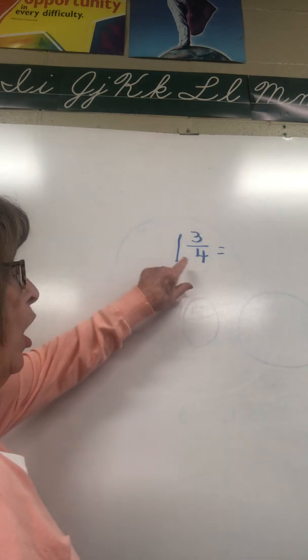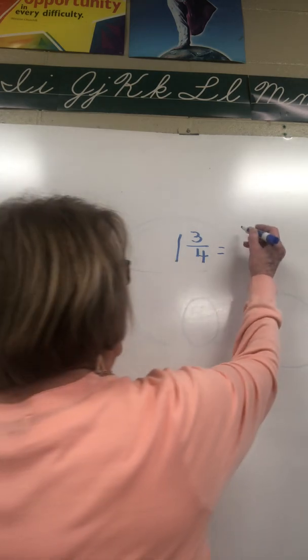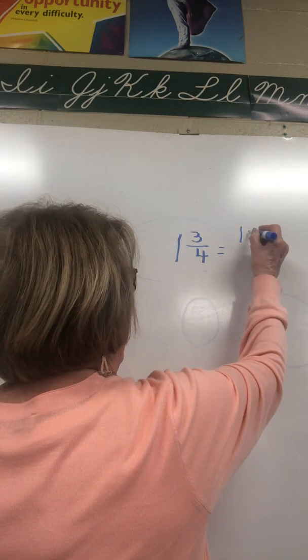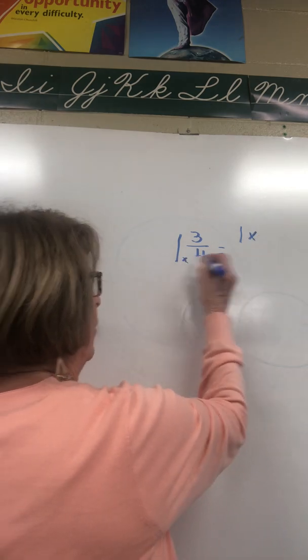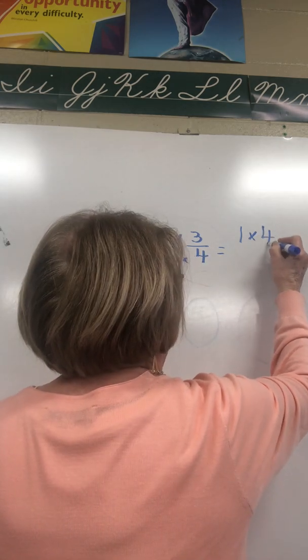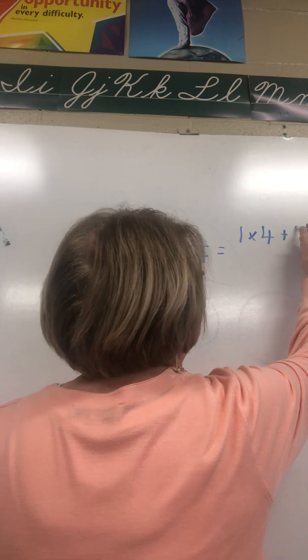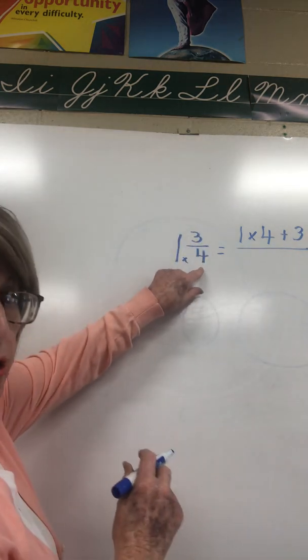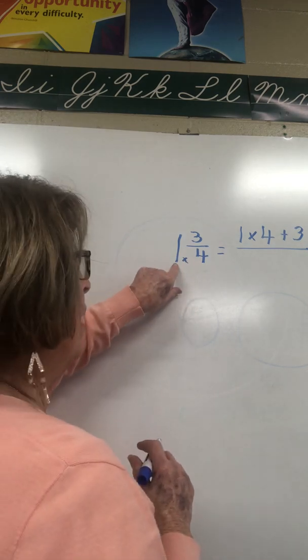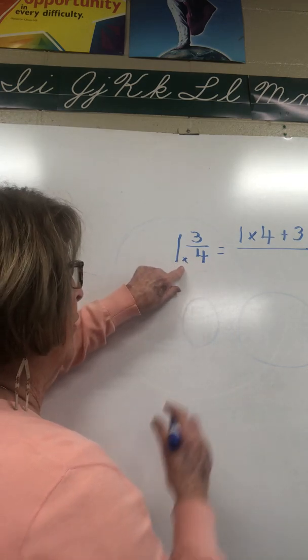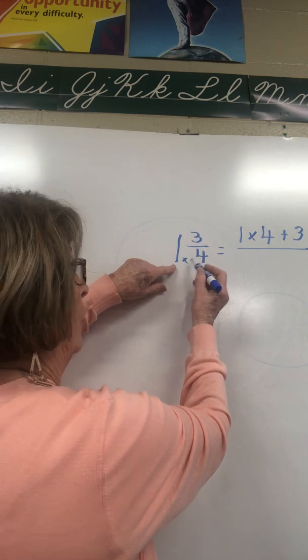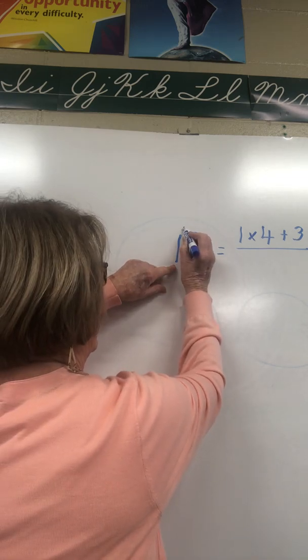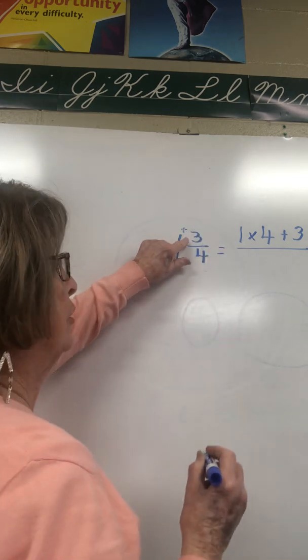I take my whole number of 1 and I say 1 times my denominator of 4, and I add my numerator to that. So I'm going to multiply my whole number and my denominator, and then to that product, I'm going to add this numerator.